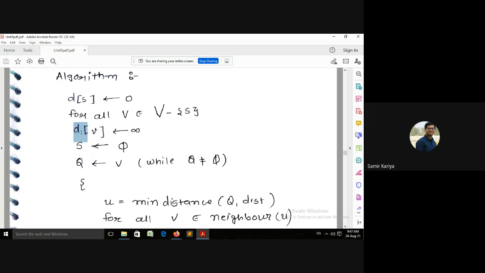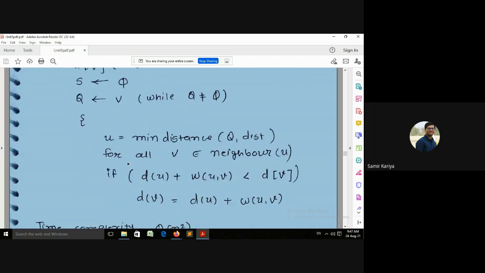Initially their distance is infinity. Q holds all the vertices. While Q is not empty, that means at least one node remains in Q, we have to follow the iteration. If Q is empty, all the vertices are covered, then stop.